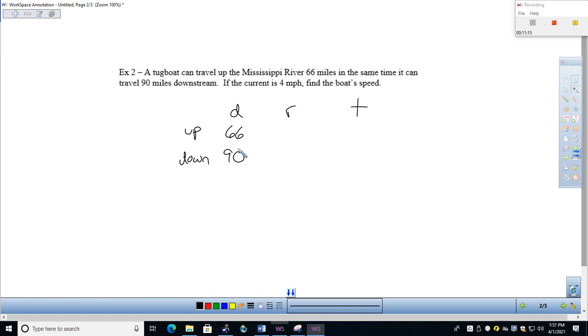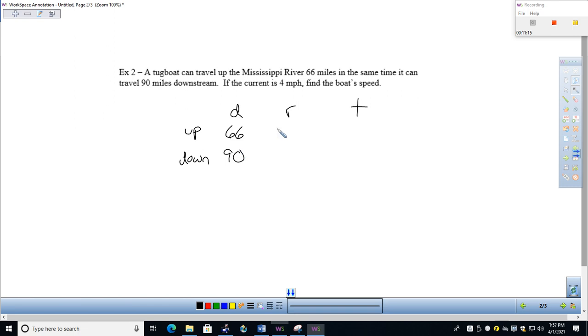Now here's where we're going to use our current of 4 miles per hour. So what we have is the boat's speed. We would call it the still water speed, so that would be without the aid or going against the current. And that's going to be our x. So the x will represent the still water speed.